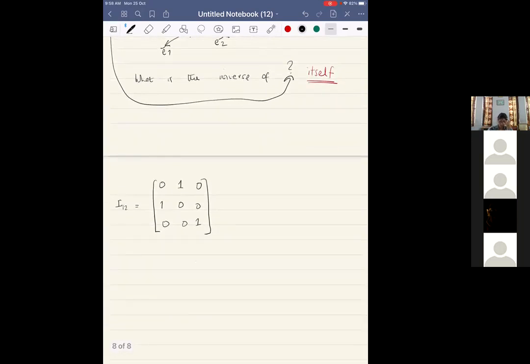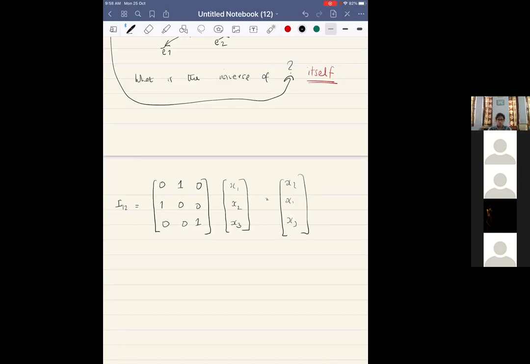Now I have to see what it does to this column vector x1, x2, x3. It is clear that what it does is give x2, x1, x3, because that is how matrix multiplication works. Do you agree with this matrix multiplication? Yes, sir.